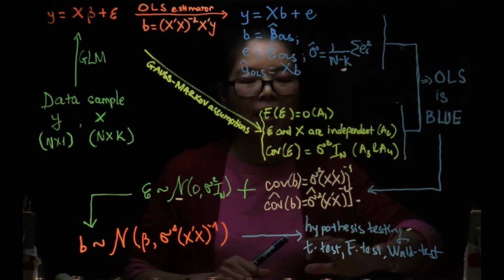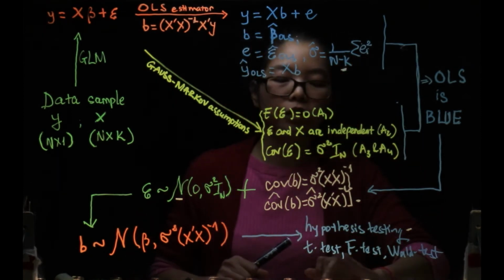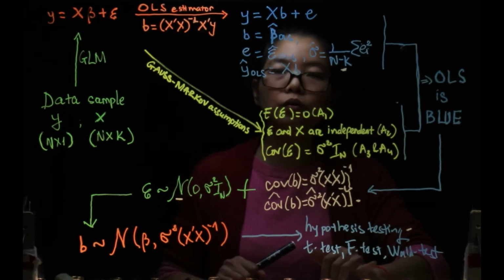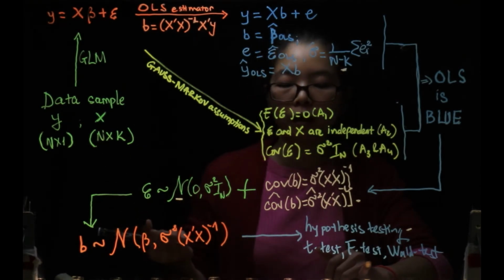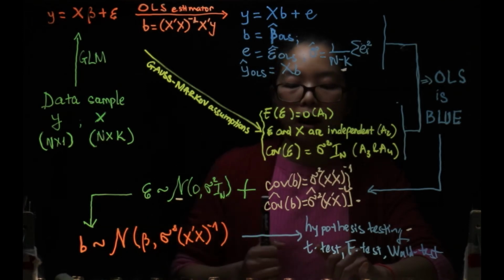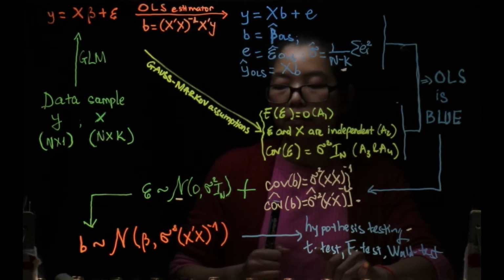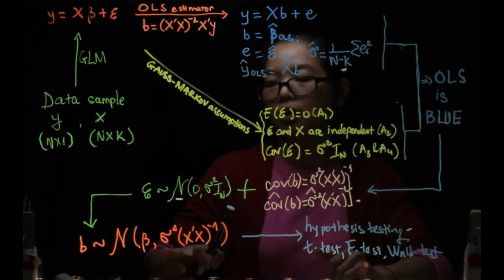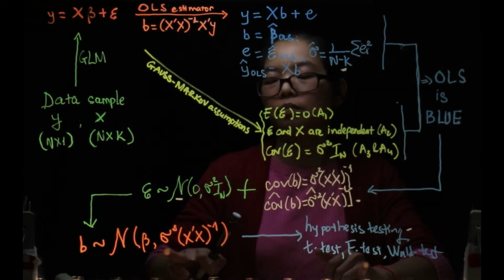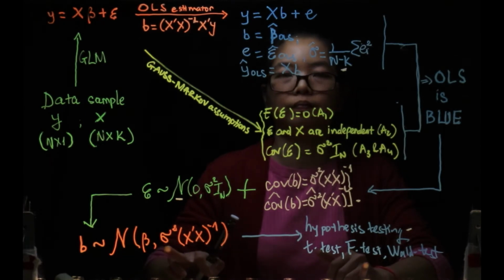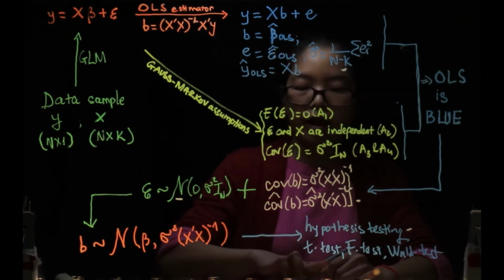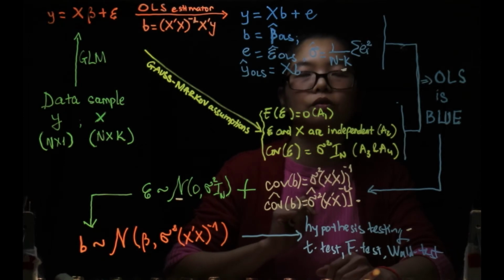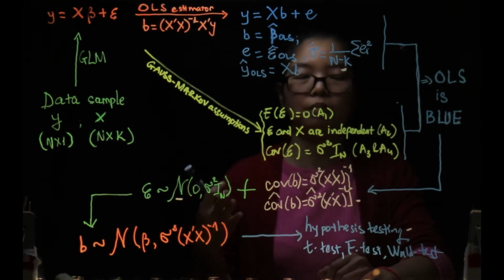The test statistic for these tests under the null hypothesis that we formalized were derived based on this covariance matrix of b. Therefore, after having that test statistic, you can conclude something about your hypothesis.